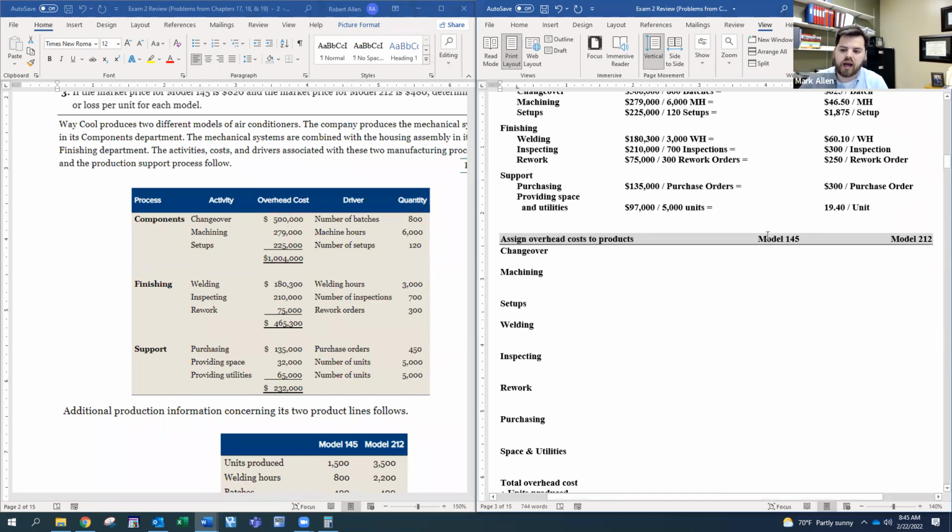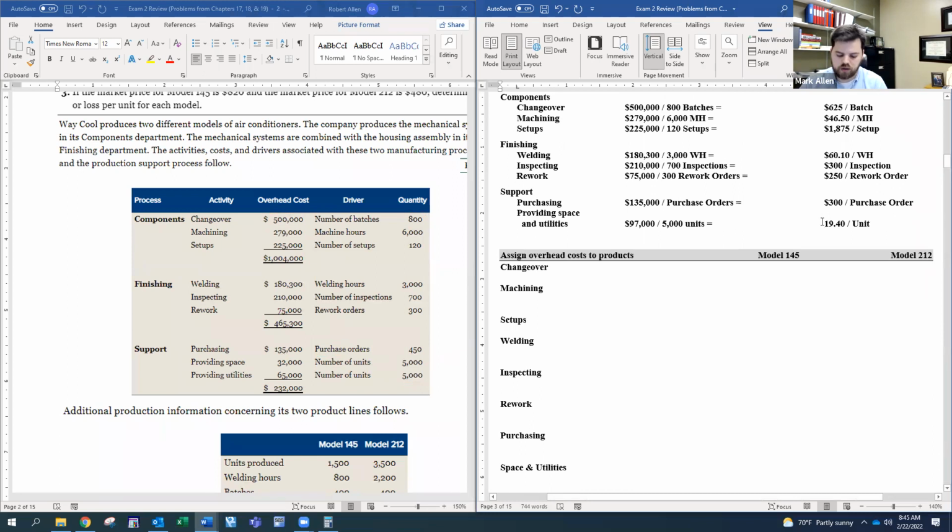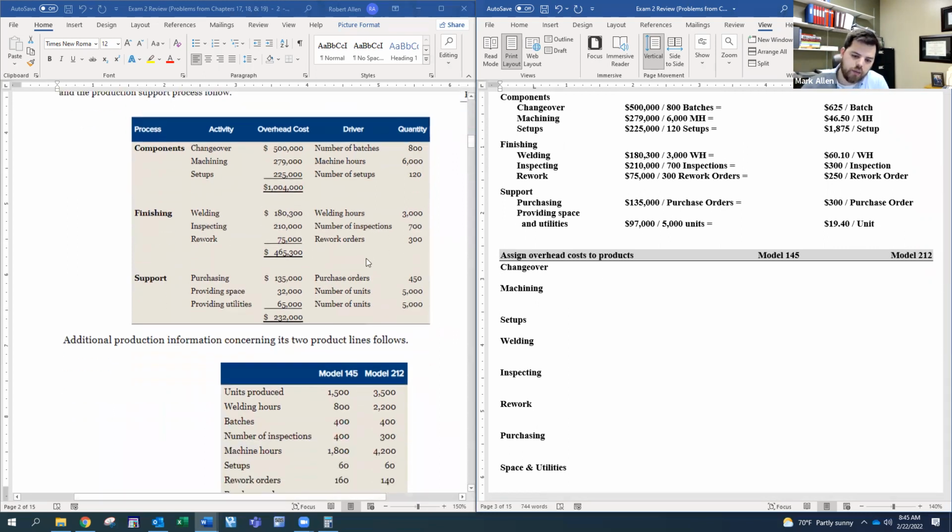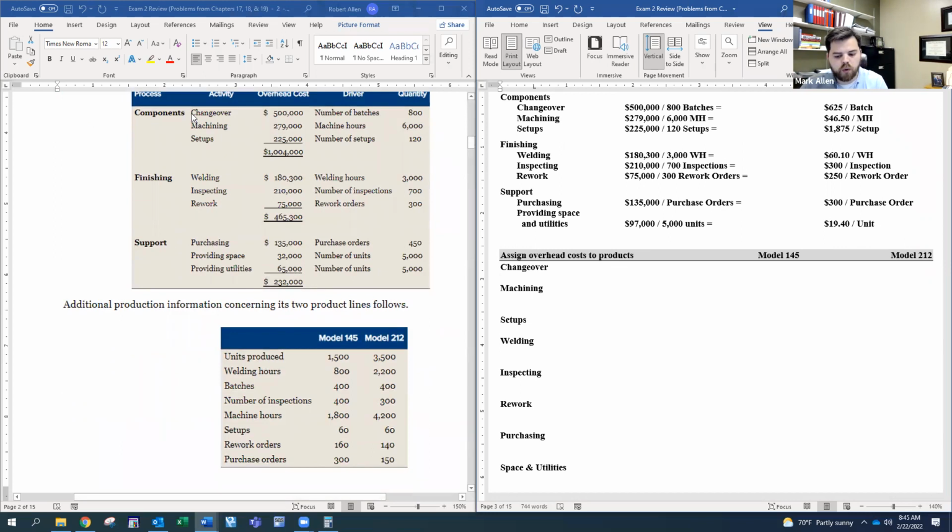So at this point, we've got the hardest part of this question done, which is just getting these activity rates. Because once we do this, everything else is just a little bit of time that we've got to go through. So what we're going to do now is we're going to come down and we're going to say, all right, well, for the changeover activity, this is based on the number of batches. So what I'm going to do is come down, find my batches, and see how those are allocated. You'll notice in this case that I actually see that both models have the same number of batches.